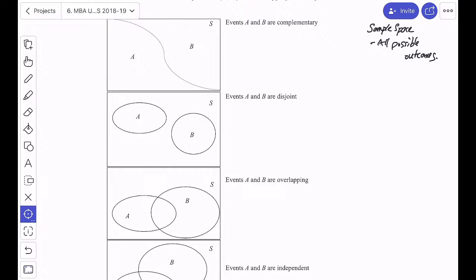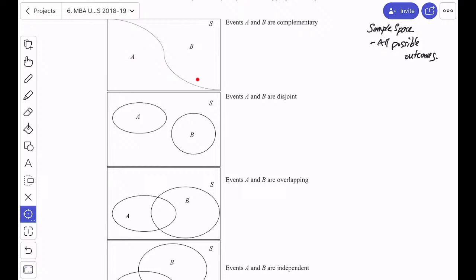Disjoint events appear like this. Now, in relation to complementary events, complementary events are also disjoint. They don't overlap in the same space.